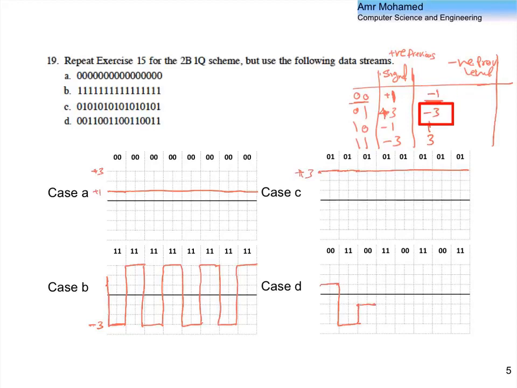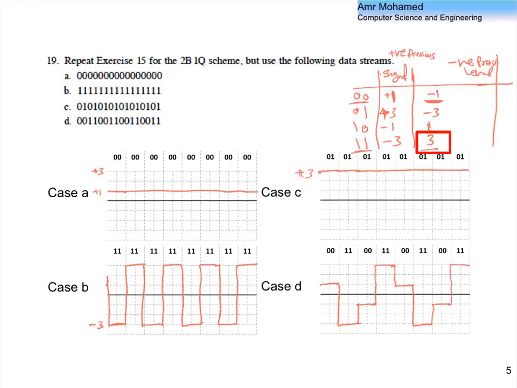And then 1, 1, and the previous level is negative, so we go 3. And then 0, 0, positive, so we go positive 1. Then 1, 1, and positive, so we go minus 3. Then 0, 0, and it's negative, so we go minus 1. Then 1, 1, and it's negative, so we go plus 3.